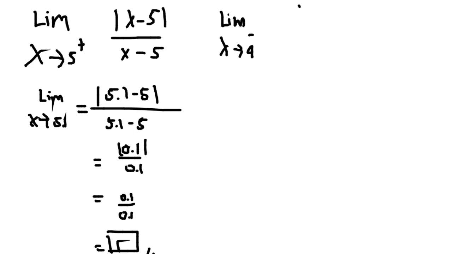So what if we have the limit as x approaches 4 from the left side? The sign above the number, if it's negative, means it is from the left side. If it's positive, then it's from the right side of the number line.